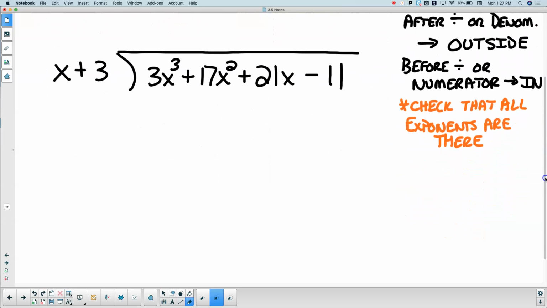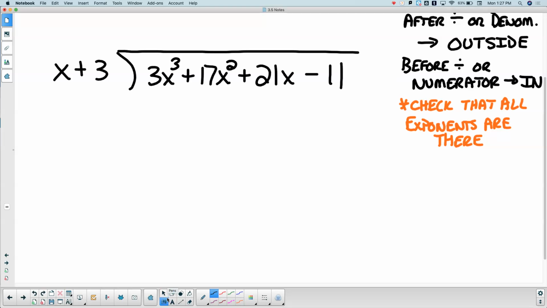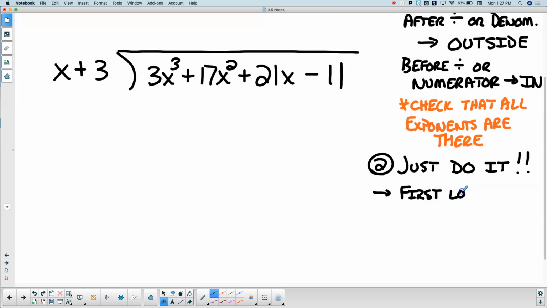Step number 2 now is going to be the Nike step. Okay. We're going to divide. So what I'm doing is I'm going to make my first term look alike.